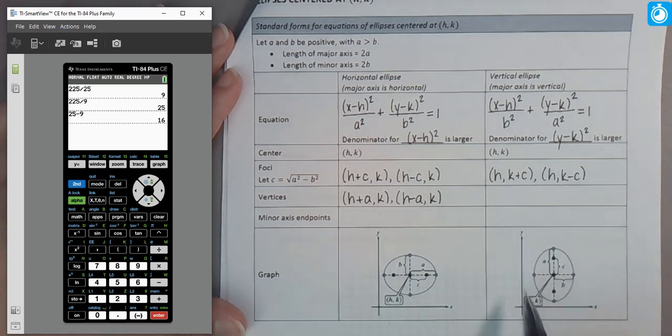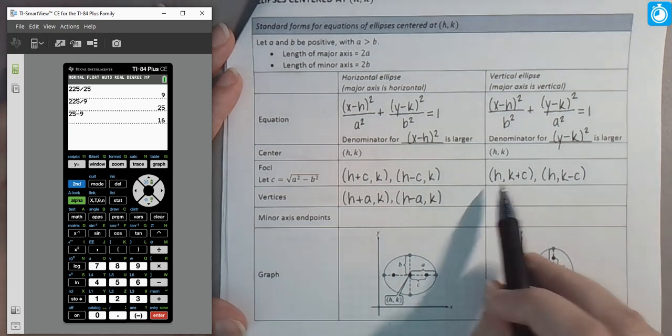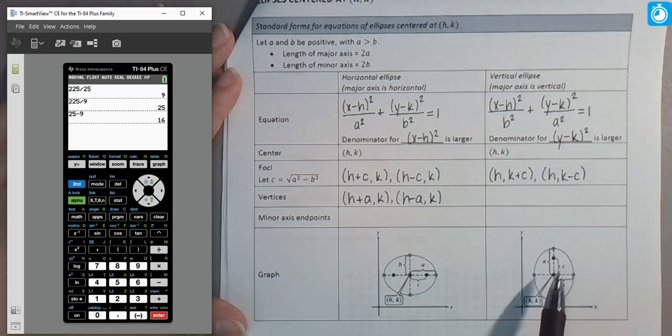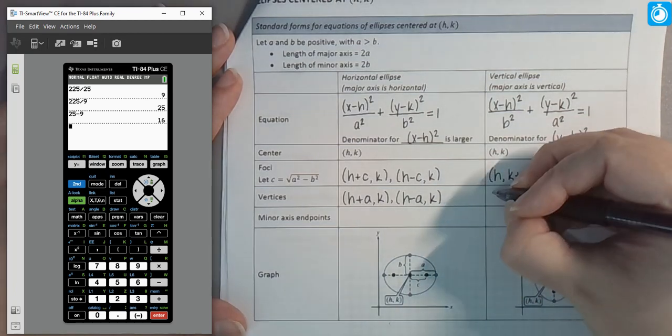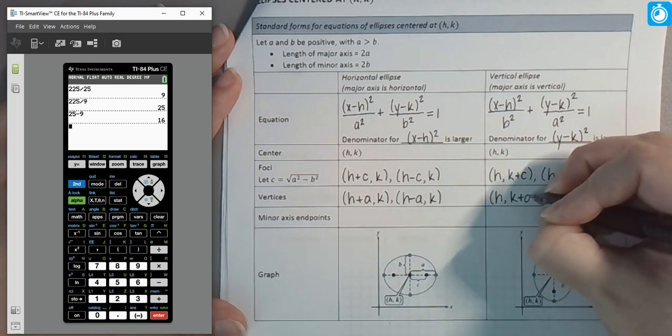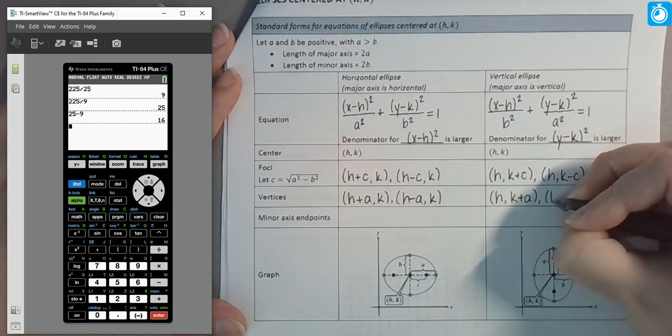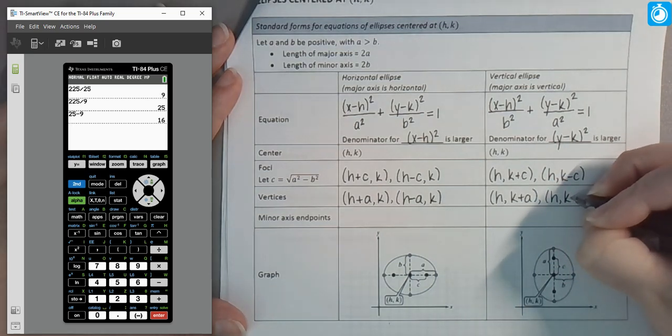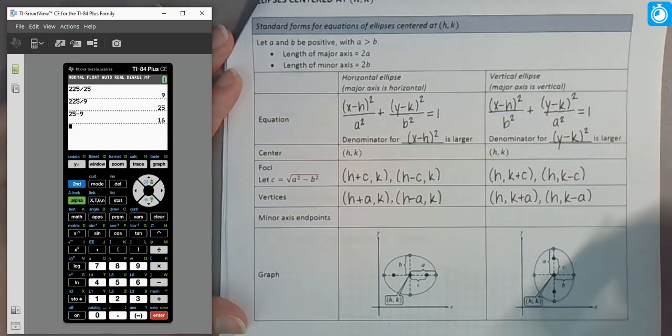If we're looking at a vertical ellipse, our vertices are distributed vertically. Okay, so A units above, A units below. So we hold the x-coordinate constant, and then just A units added onto our y-coordinate, A units subtracted from our y-coordinate. So constant x, and then k plus A, constant x, and then k minus A.